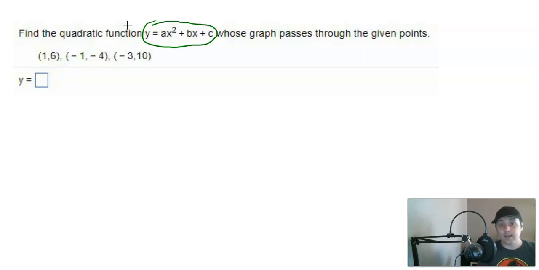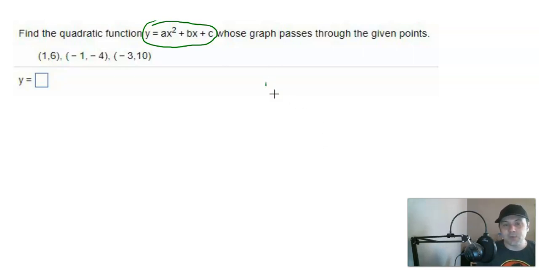What's really fascinating to me, because it just doesn't seem like it should be possible, but for a parabola, how many points do you need to have a particular parabola? You only need 3 points. So any 3 points determines one particular parabola that can pass through those 3 points.